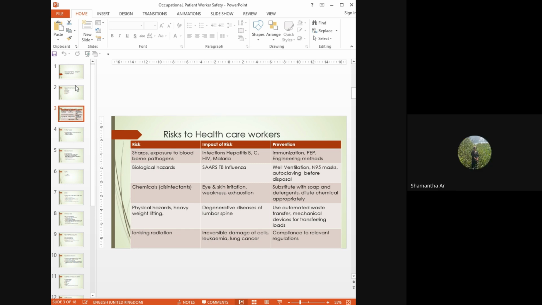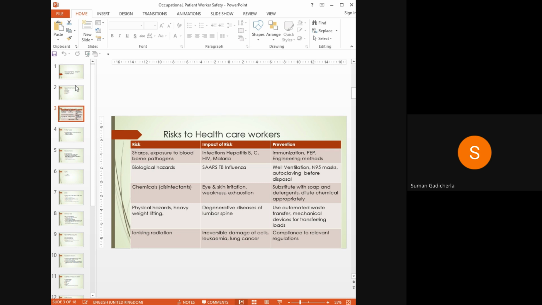A lead apron has to be there. Who will wear the lead apron? Technicians and doctors. Sometimes patient attendants, if they are necessary inside the X-ray room, right?